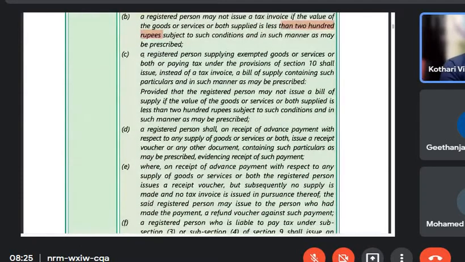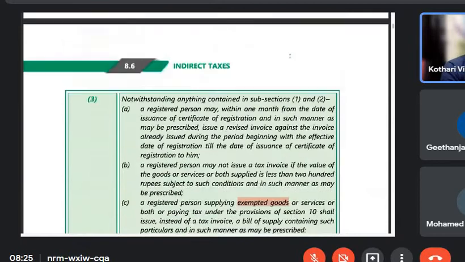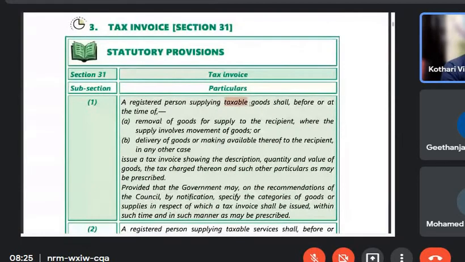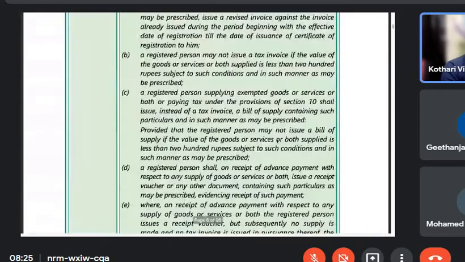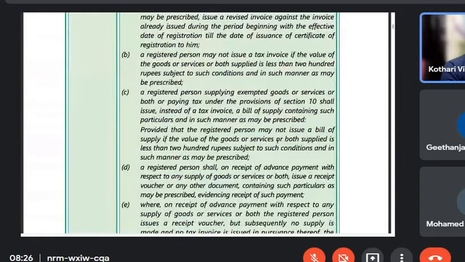Third document. A registered person supplying exempted goods. So a tax invoice is issued when taxable goods or taxable services are supplied. Now if exempted goods or exempted services are supplied, then what document do you have to issue?